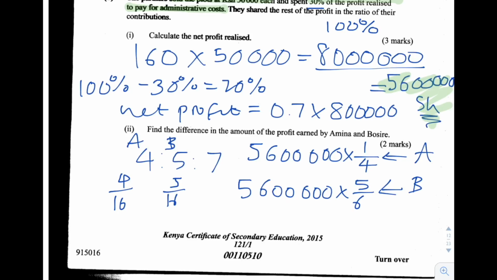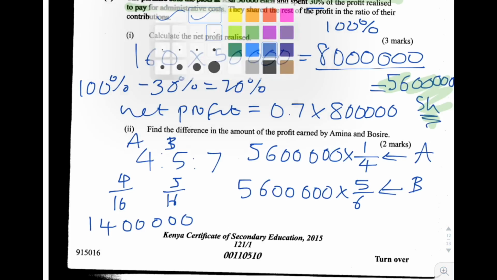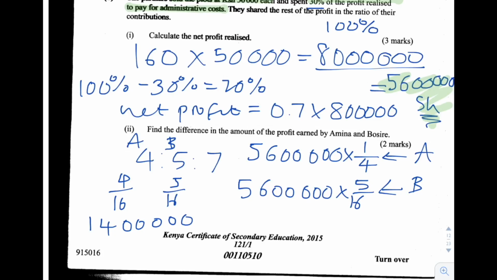And that comes to 1.4 million or 1,400,000. For Bosire, we have 5.6 million multiplied by 5 divided by 16. Sorry, I've written down a 6, this should be a 16.